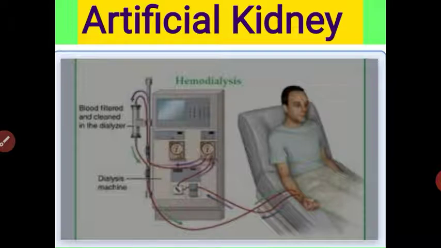The machine performs the purification of blood, like our kidney, removing the nitrogenous waste, and after the purification the pure blood is passed back into the person's body through the vein. So artificially we can purify the blood. The dialysis machine is called the artificial kidney.